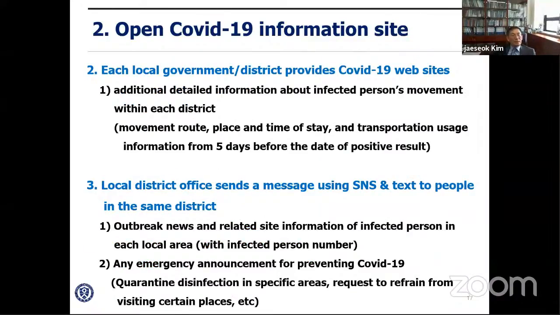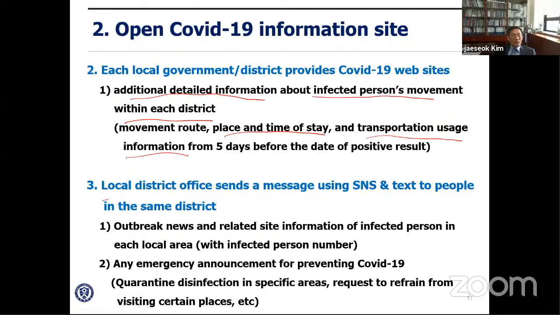Okay, each local government and district provides a similar website. It contains additional detailed information about the infected person's movement within each district. Something like movement route, place and time of stay, transportation used, from 5 days before the date of the positive result.